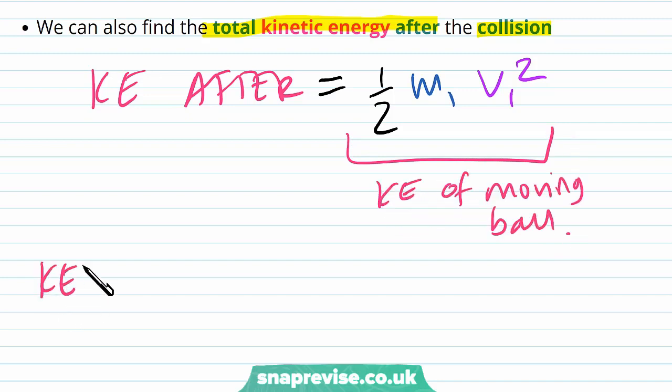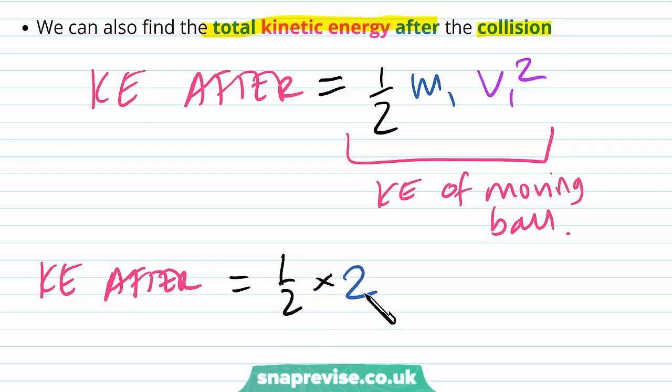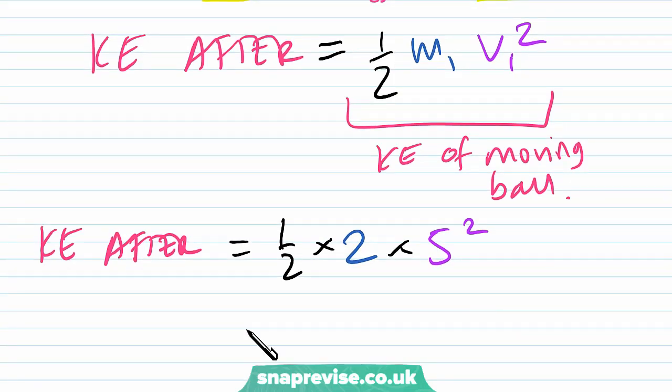So we can calculate it: a half times 2 kilograms, because that's its mass, times its velocity squared, and its velocity is 5 meters per second after the collision. So this gives us a kinetic energy of 25 joules.